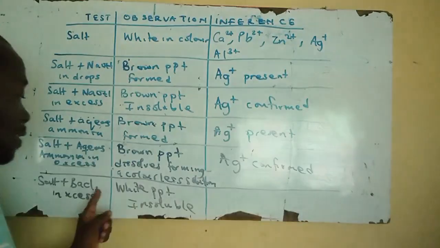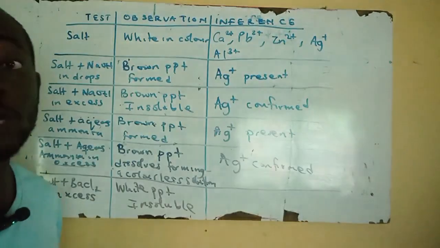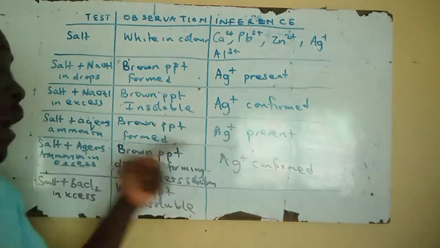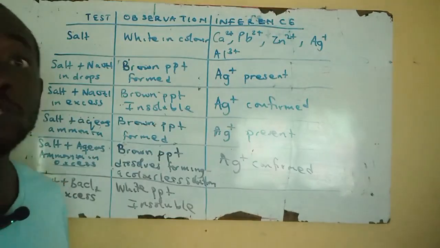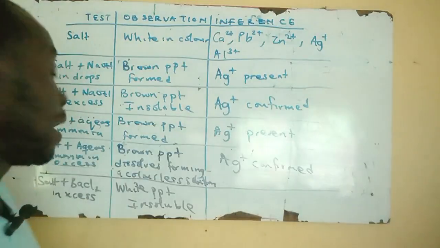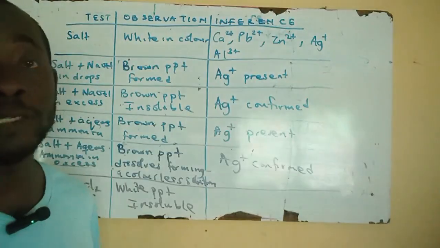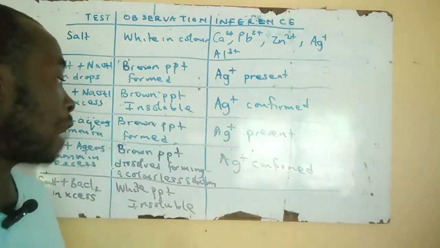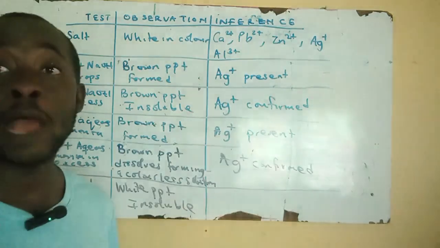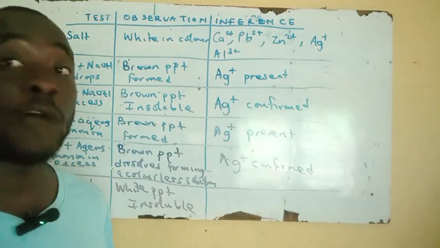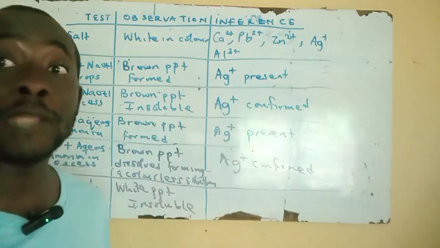It's because the silver ion of the silver salt has already exchanged radicals with the chloride ion of barium chloride. The reason why we are having a white insoluble precipitate is because of the formation of silver chloride, and silver chloride is always whitish in color.